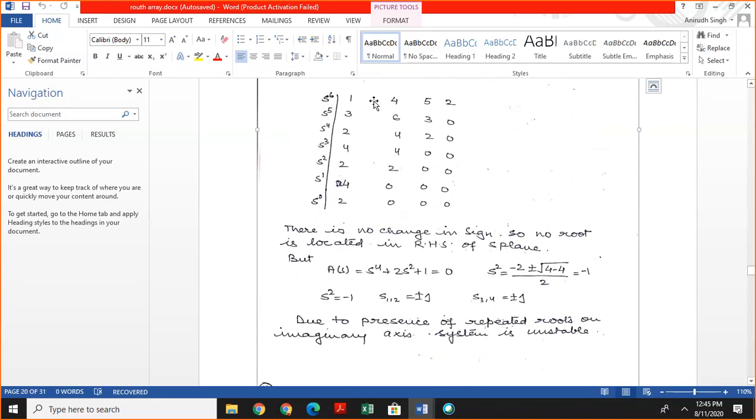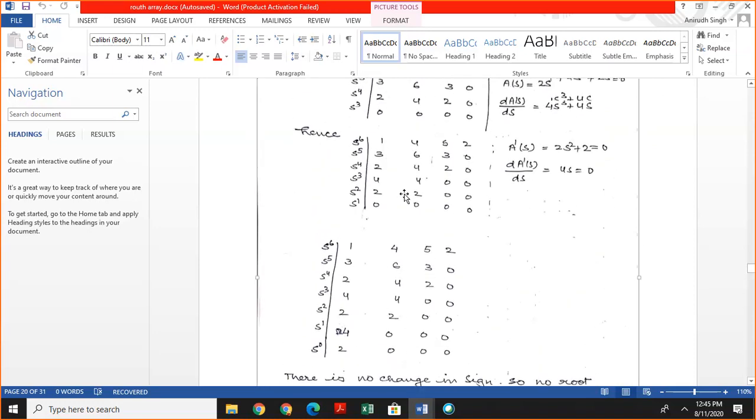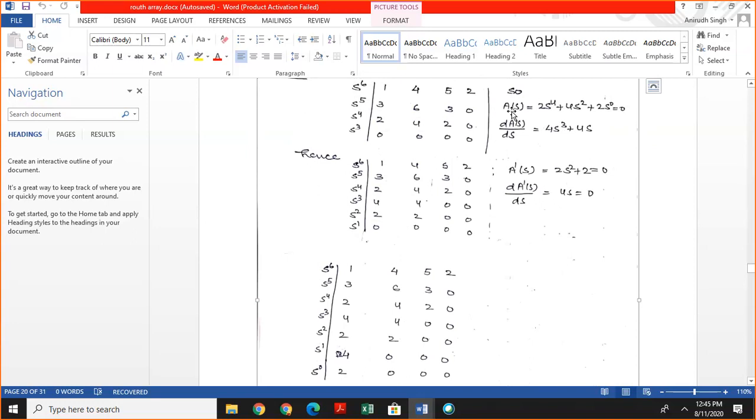Since there is no sign change in the first column, no root is located in the right half plane. But calculate the roots of this auxiliary equation.